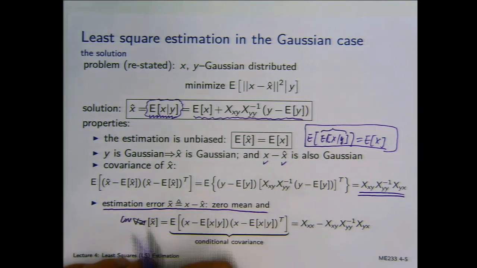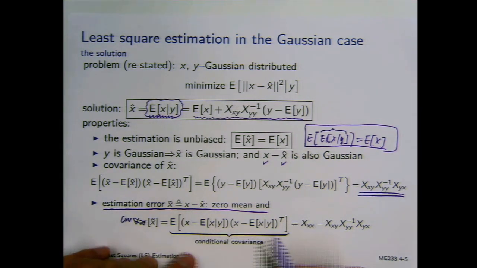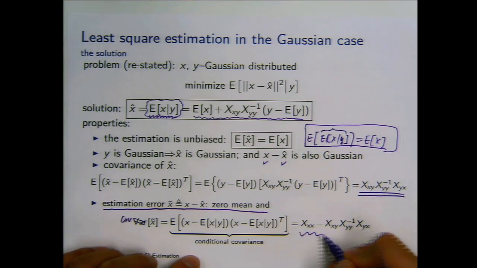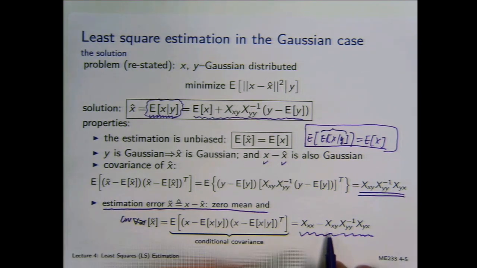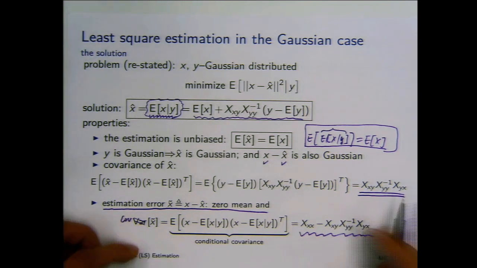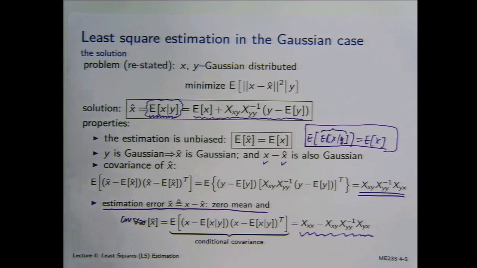Second, the covariance of this estimation error: this is the definition, and then this is the result. To get this, there are probably several ways. Let's do it once to obtain this error covariance.